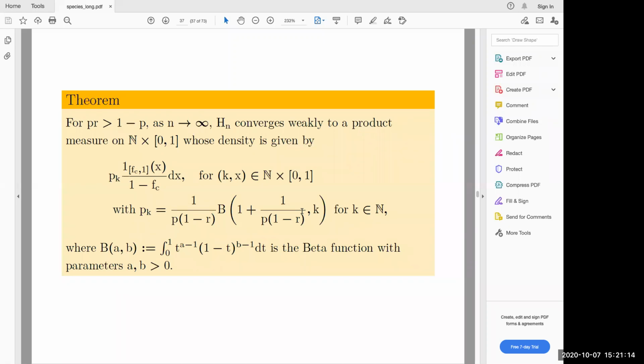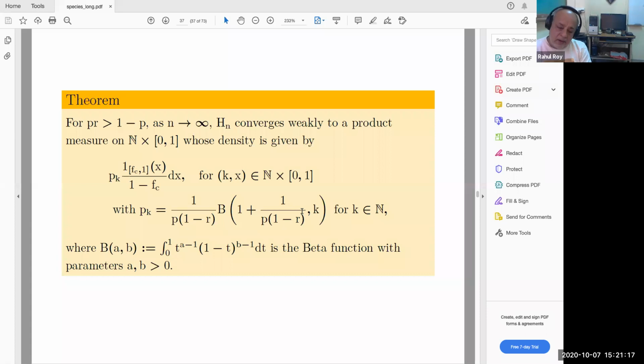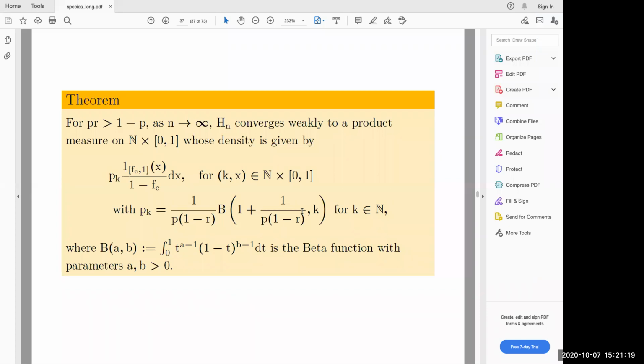And the generalized one, the Blackwell-MacQueen scheme, is like a Pólya scheme with uncountably many colors. I don't see any mapping with this, but there the limits are beta distributions.